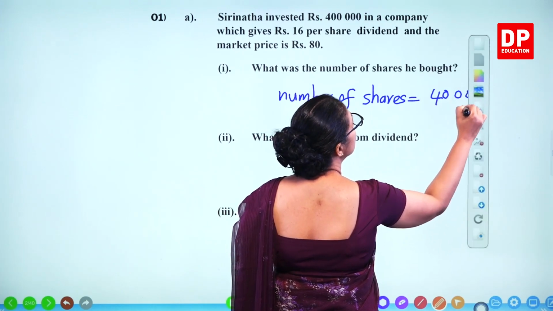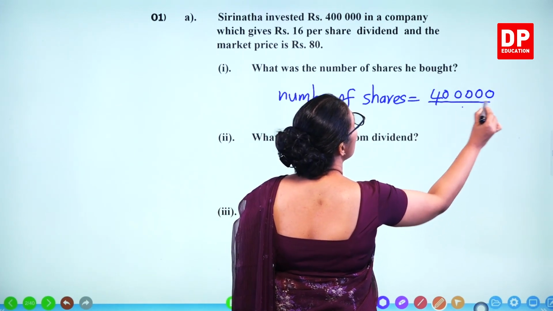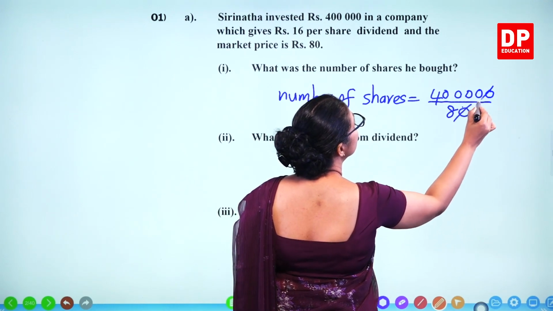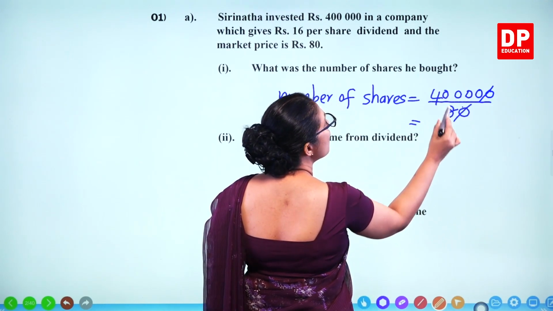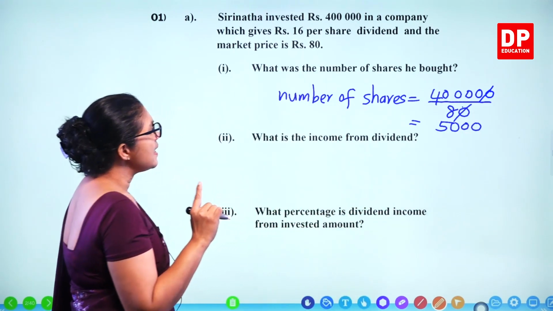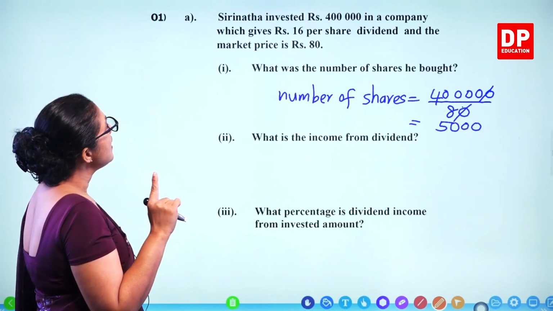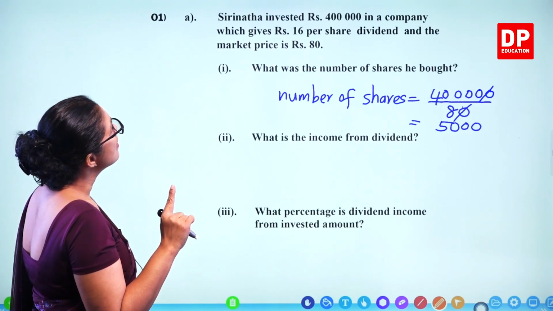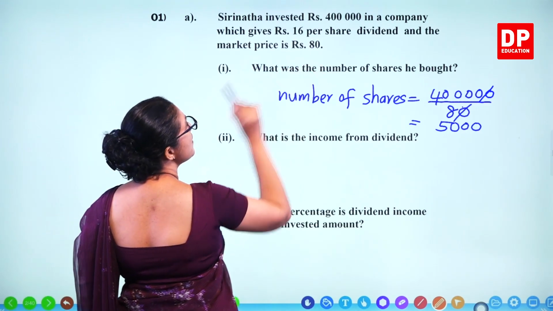400,000 divided by 80. 5,000 shares are there. What is the income from dividend? Each one gives 16 rupees per share.